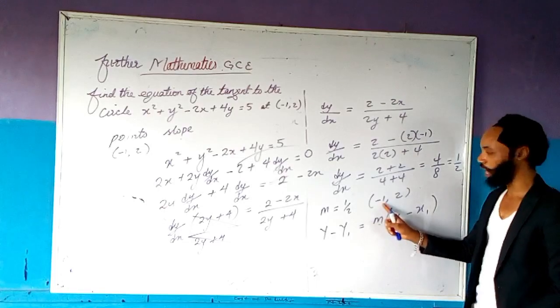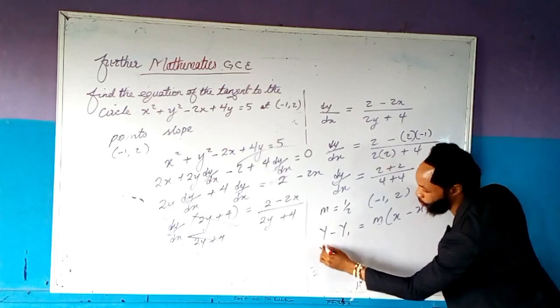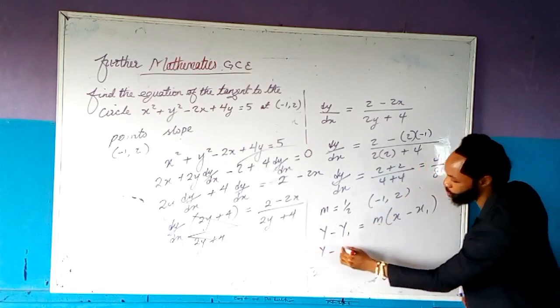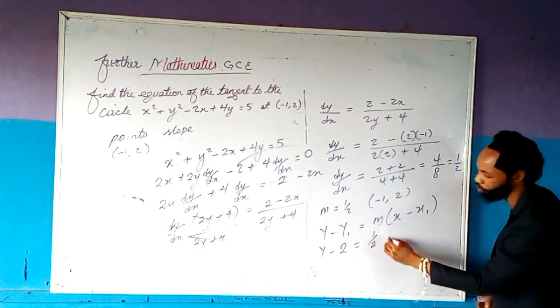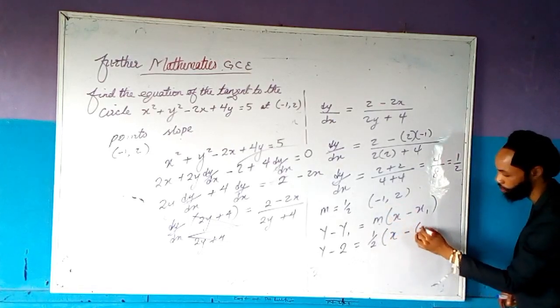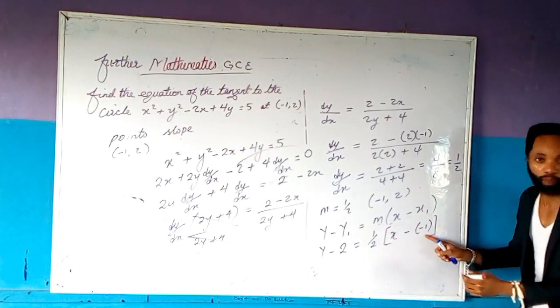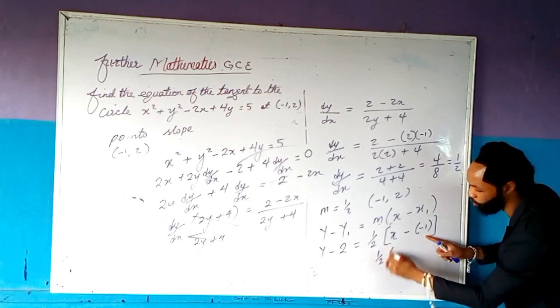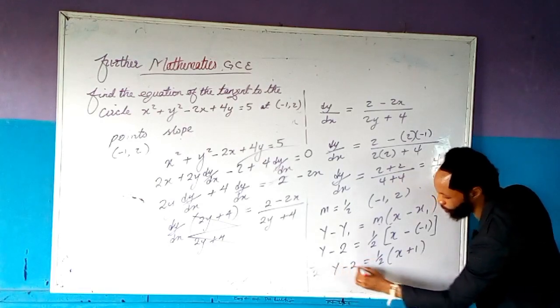So there is our x1 and this is our y1. So y minus what's our y1? 2, equals our slope 1 over 2 open bracket x minus what? Minus 1. If you multiply this, you get a positive value. So y minus 2 equals 1 over 2 open bracket x plus 1.